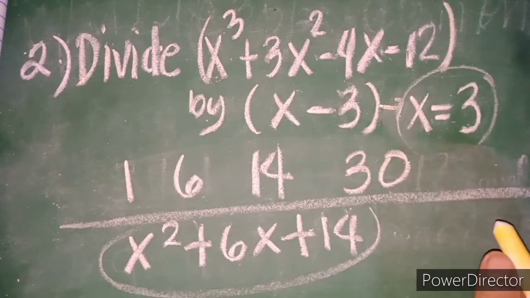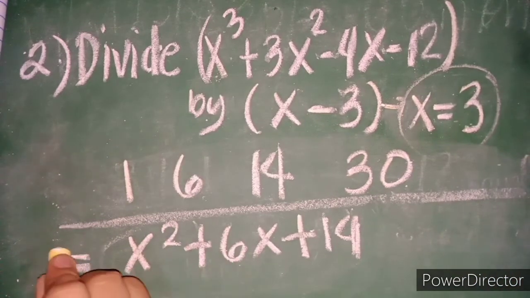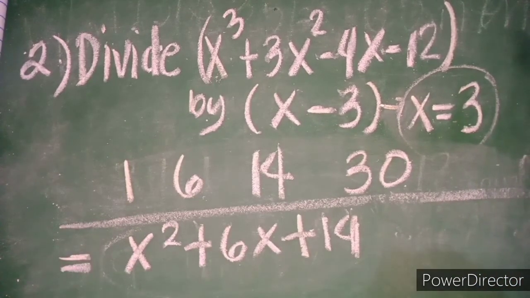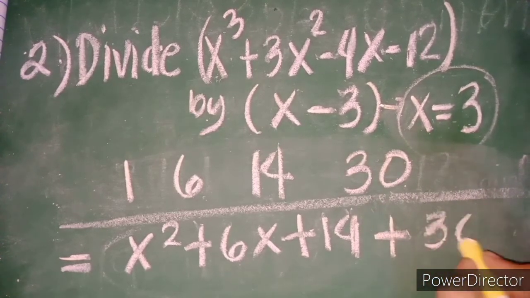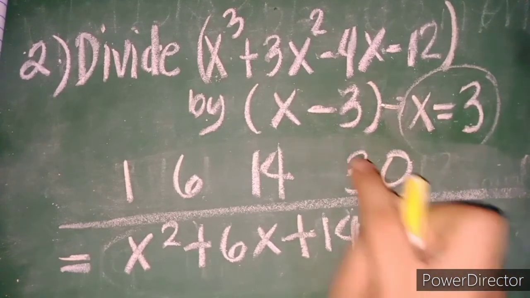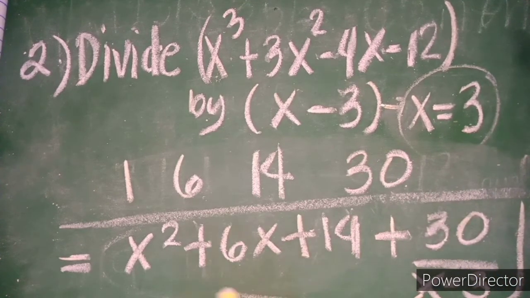So ang quotient ay x squared plus 6x plus 14. Therefore, to rewrite the quotient, it is equal to x squared plus 6x plus 14 plus 30 over x minus 3, which is 30 is the remainder. Over the divisor, x minus 3.